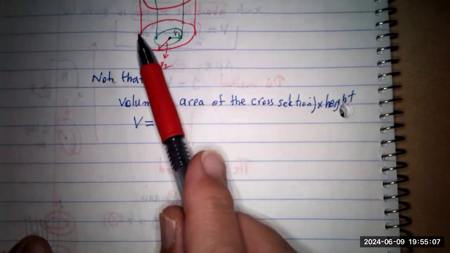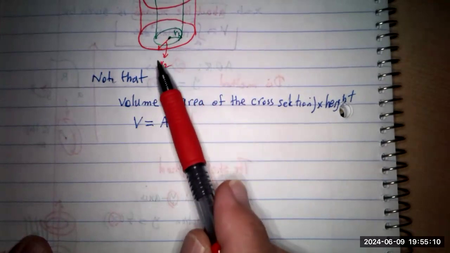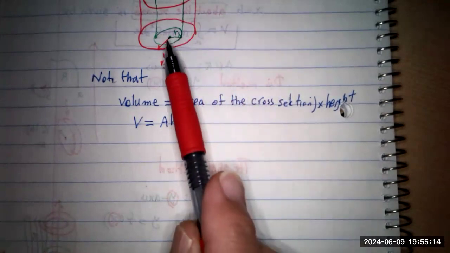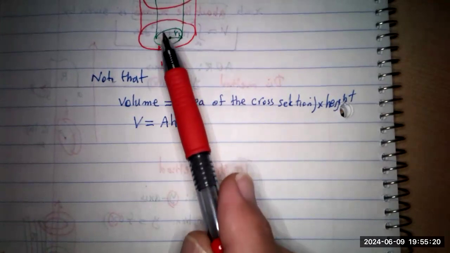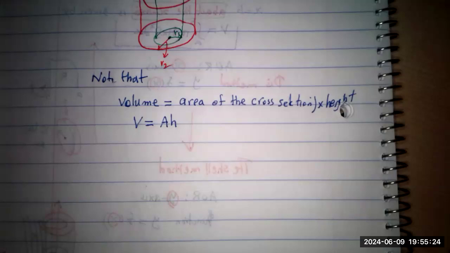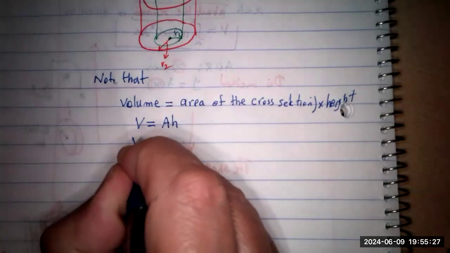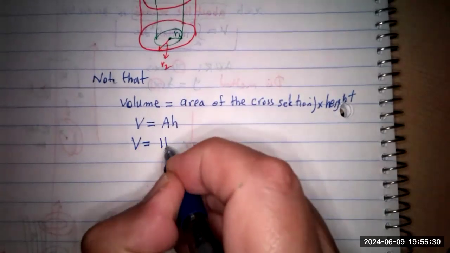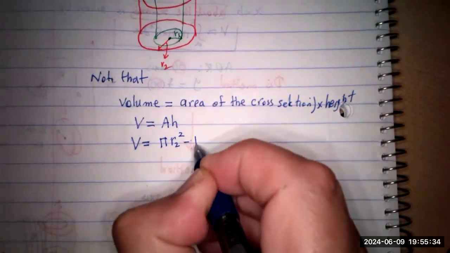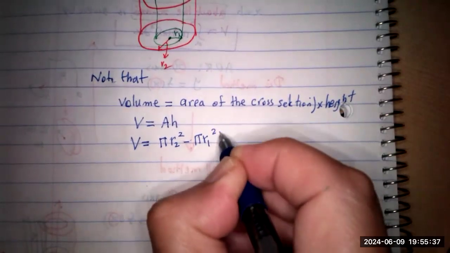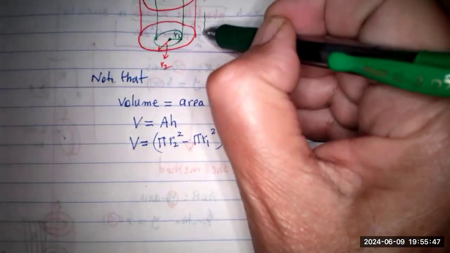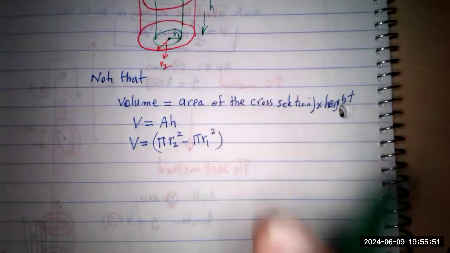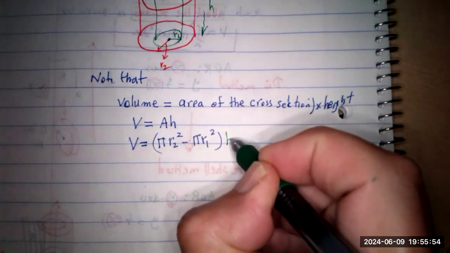It's going to be the area of the bigger circle, pi r squared being the area of a circle, so pi R2 squared minus the smaller one, pi R1 squared, times the height. We call the height h.